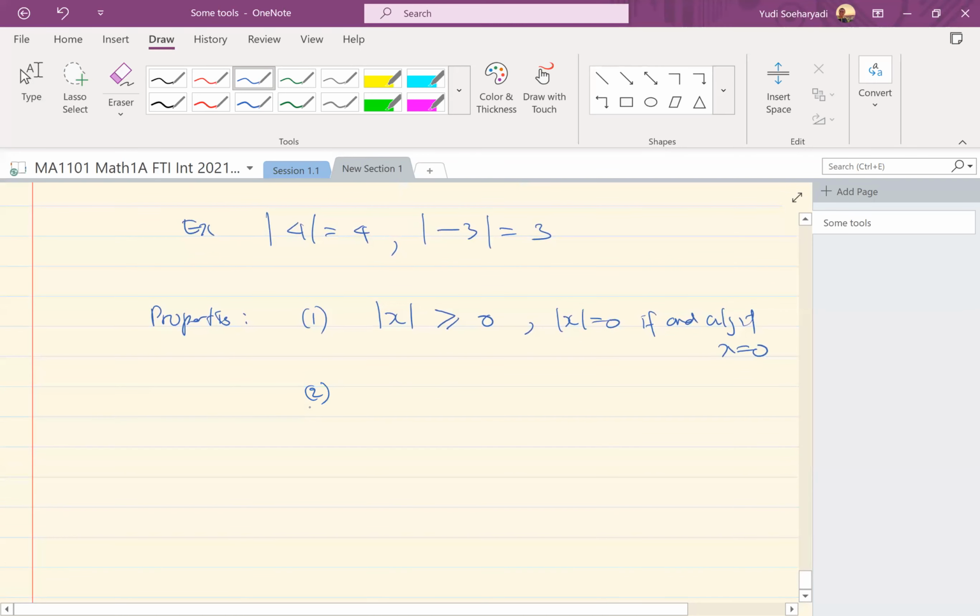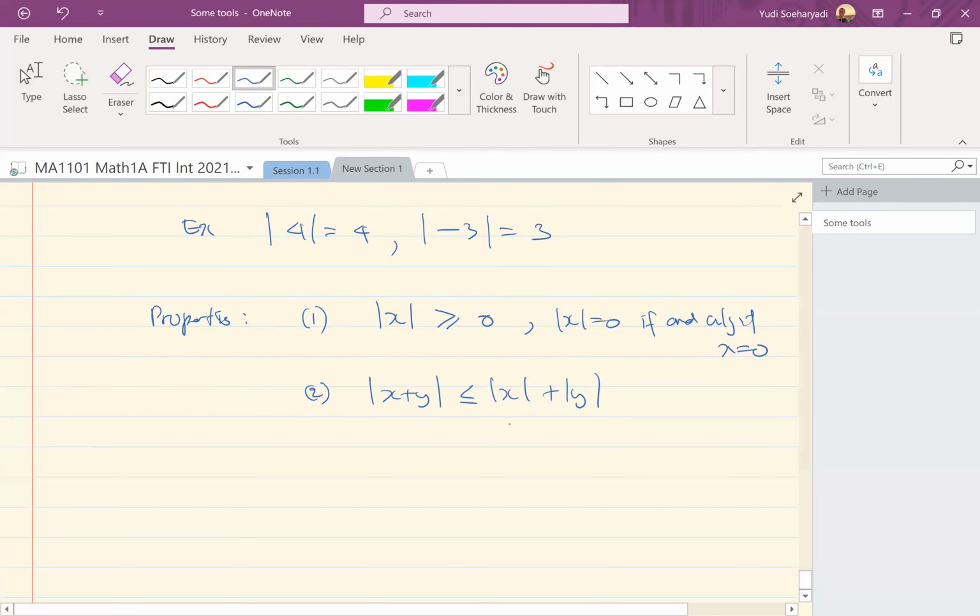The second is, if you add two numbers and then take the absolute value, this will be less than or equal to the sum of the absolute values.